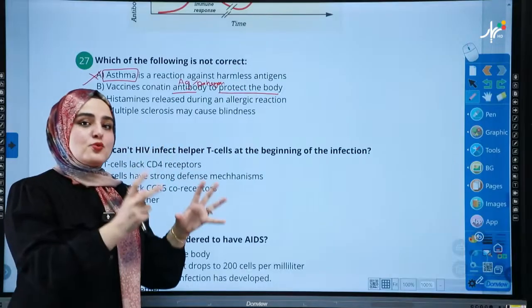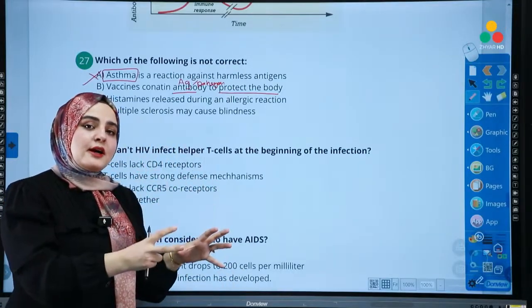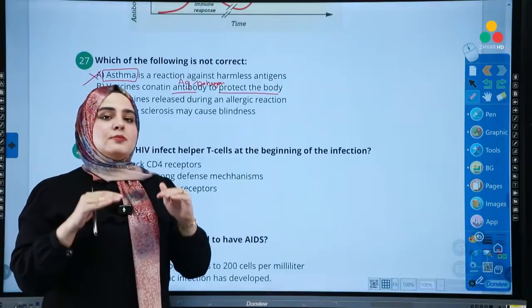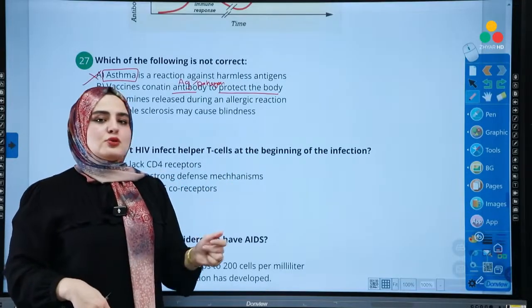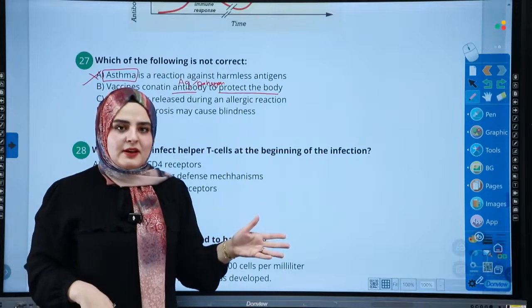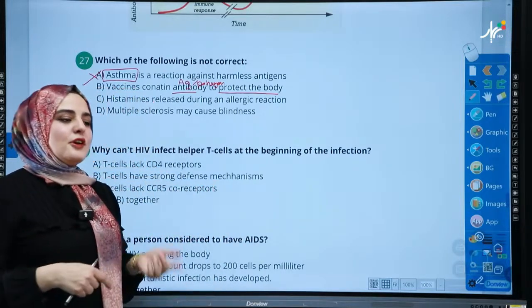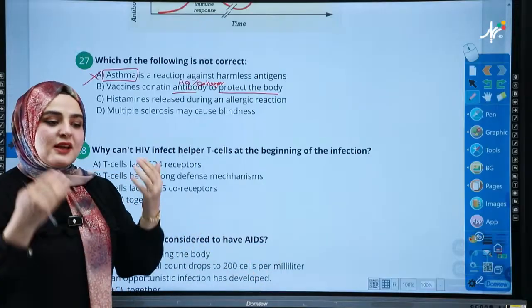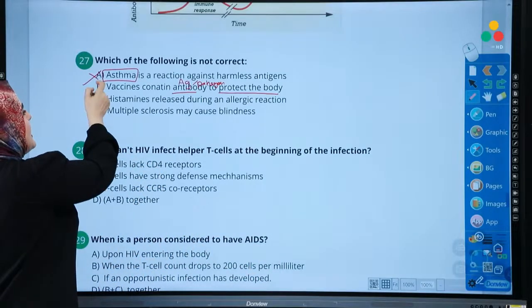So when the actual virus or bacteria comes, your body already built memory cells and it can fight it very quickly. They develop the antibody. So it's a trick. We inject you in order to develop immunity naturally in the body. So this is actually wrong.